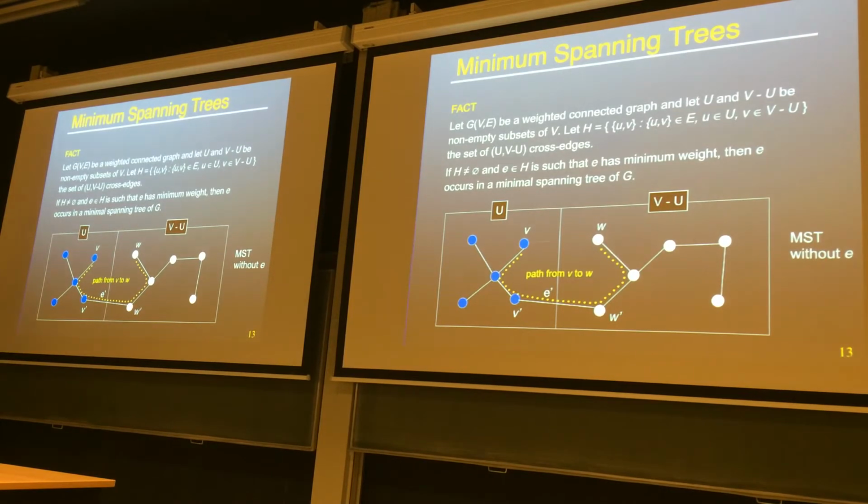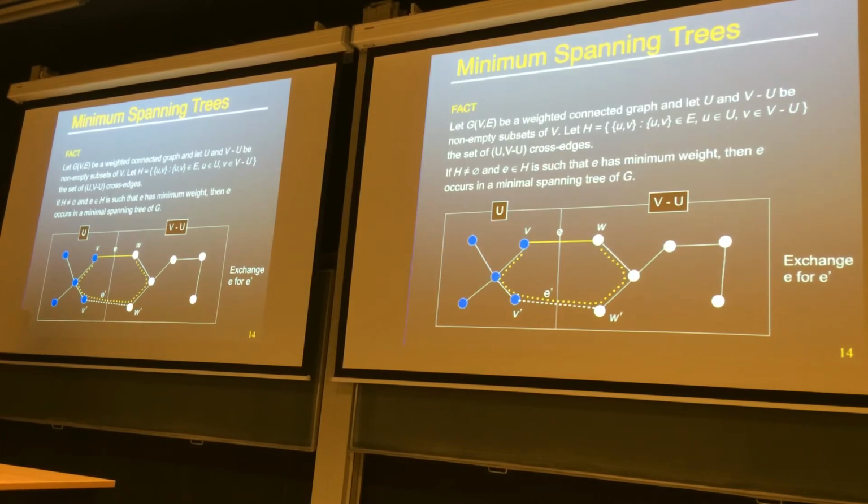So look now at E instead of E prime, and you see that if you take an arbitrary node V and an arbitrary node W here, and you took a path from V via E prime to W, then of course this path also exists here using E. And you can easily show that every path from a node here to a node there can now be formed by using E instead of E prime.